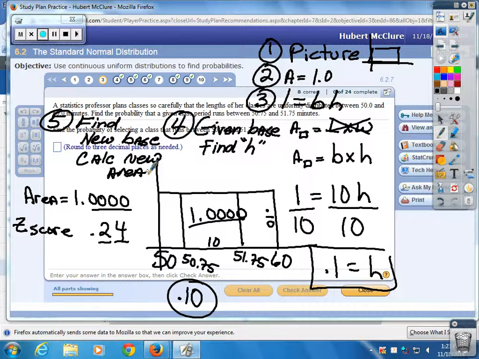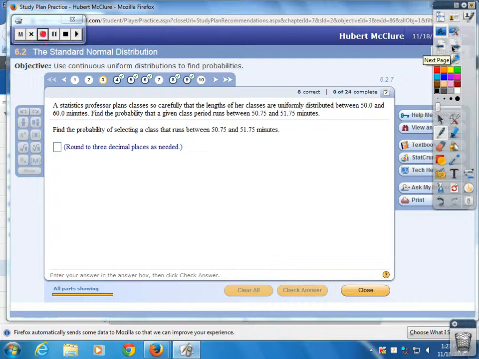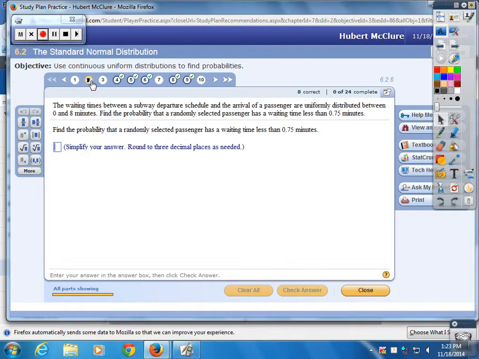And then after you find the height, find the new base, which is the second part of the sentence, and calculate by your 0.1 or whatever your height is. And that's how you do that type of problem. So with that, you try that one. And I'll blow it up a little.